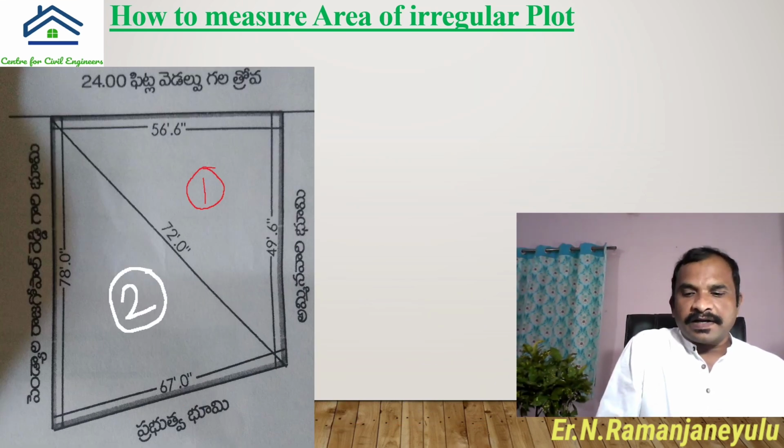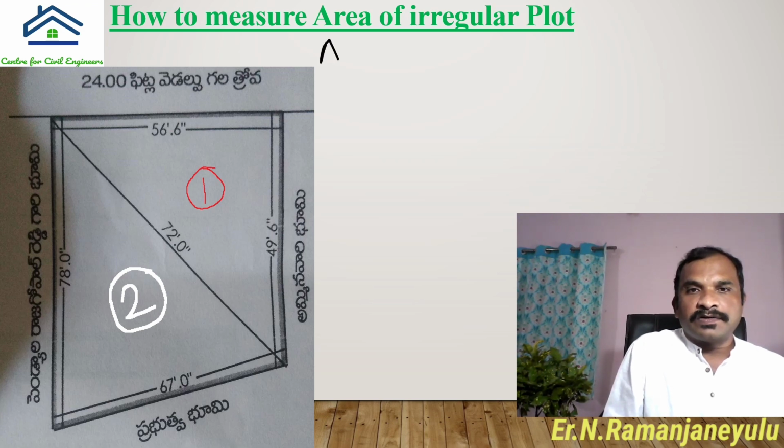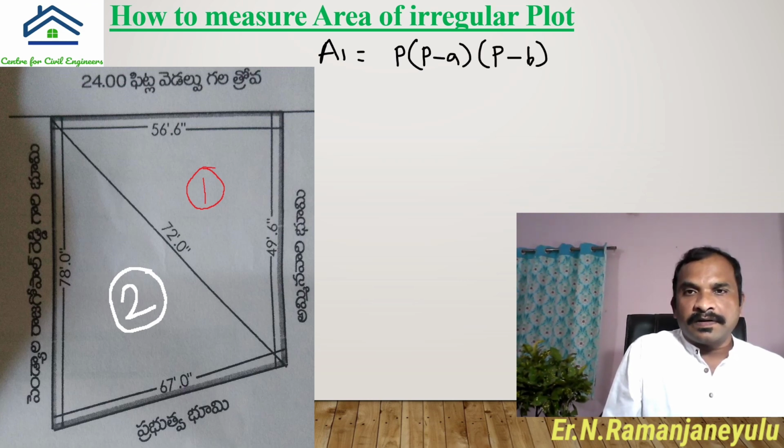Now we can calculate the area of the first figure. A1 is equal to the square root of P into (P minus a) into (P minus b) into (P minus c). Now substitute all these known values.